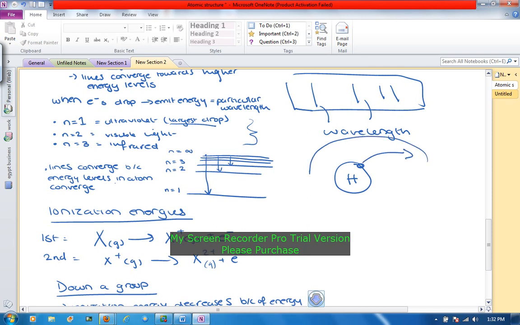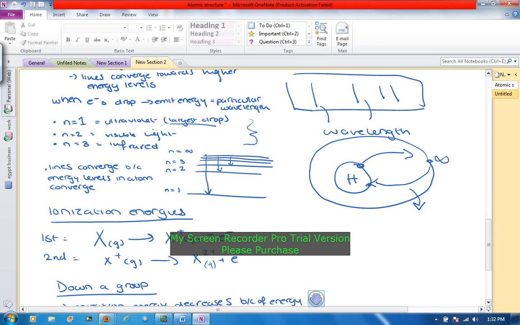We don't know which one, and so we're going to call it infinity. Then eventually it loses that energy and it drops back to its original energy level. And when it drops, it gives off a particular wavelength.